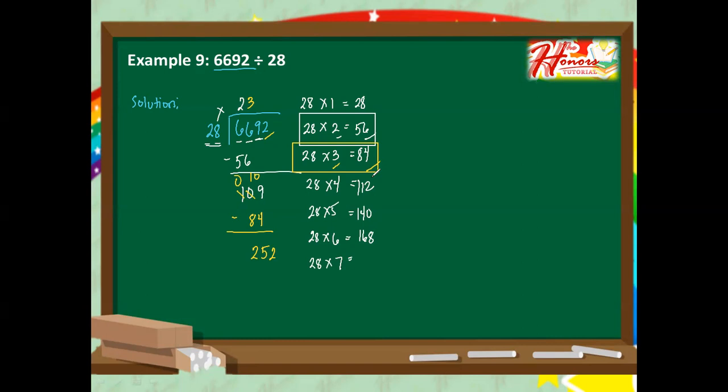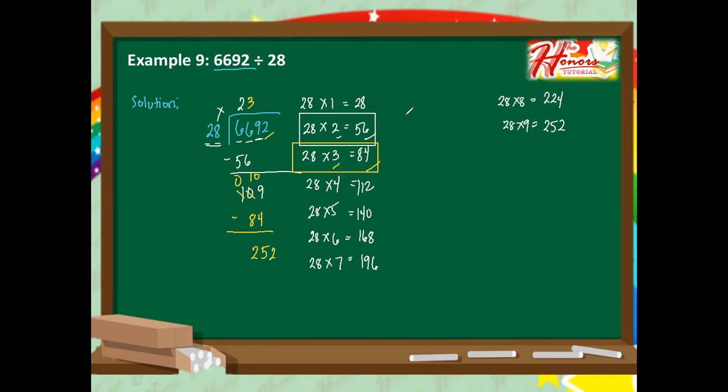And 28 times 7 is 196. Then let's try another number. 28 times 8 is 224. Let's try another number. 28 times 9, and that is 252.